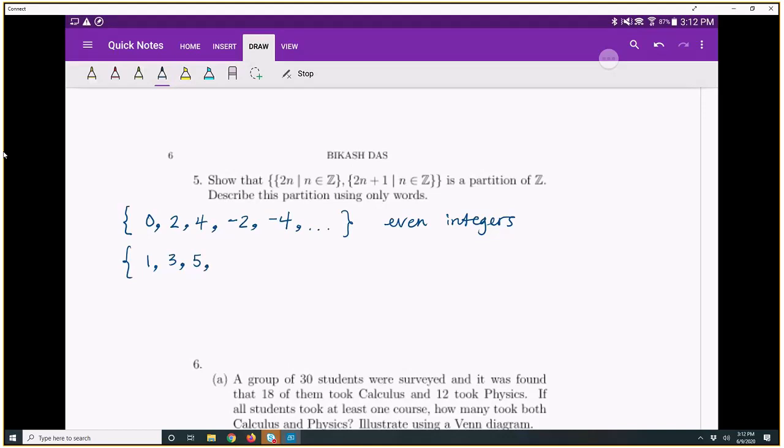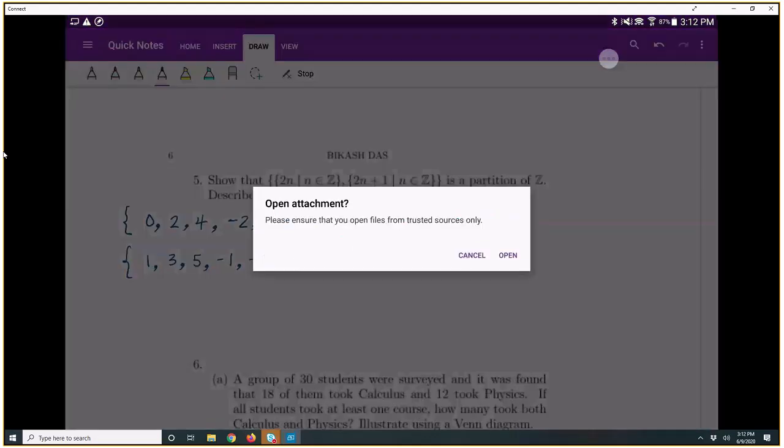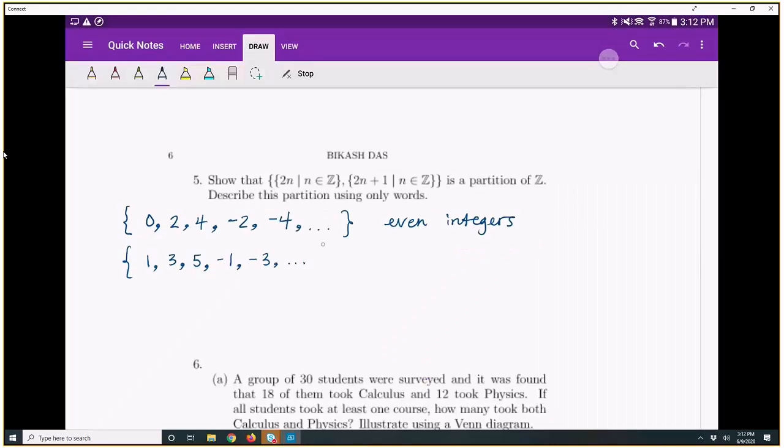Or I could plug in negative 1, so I get 2 times negative 1, which is negative 2, plus 1 is negative 1. If I plug in negative 2, I get negative 4 plus 1, that's negative 3. And so this appears to be the set of odd integers.